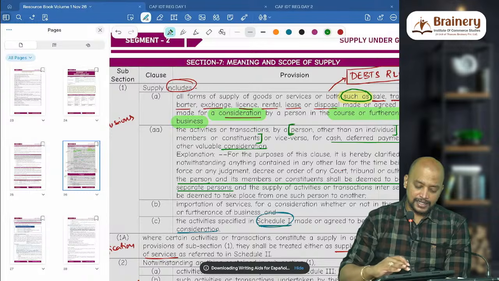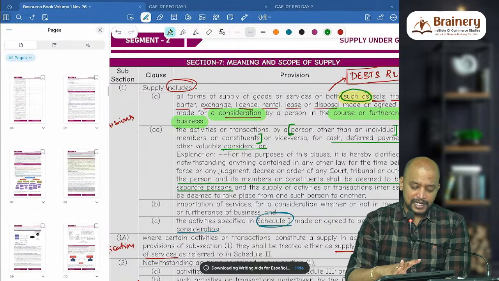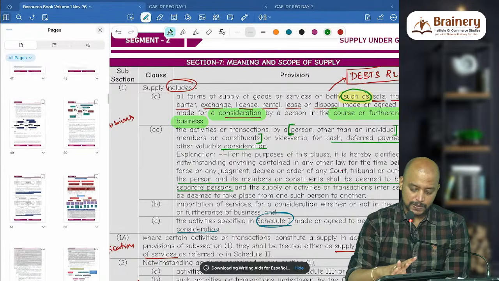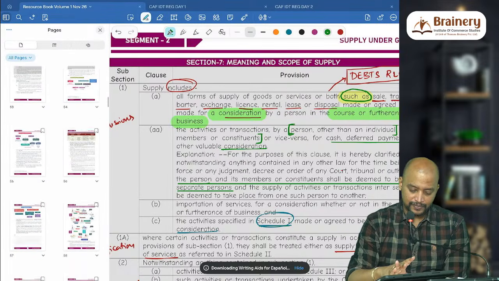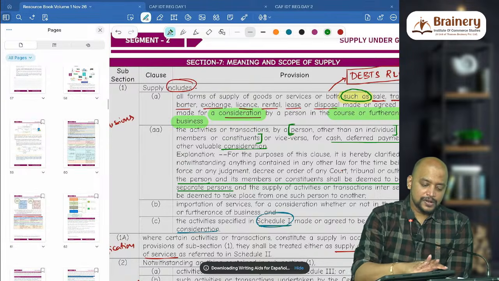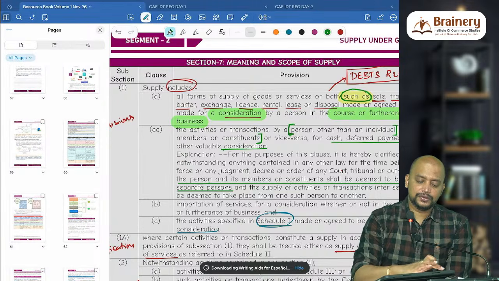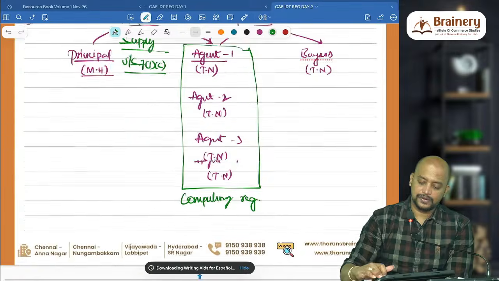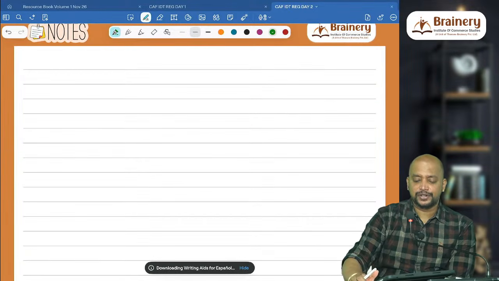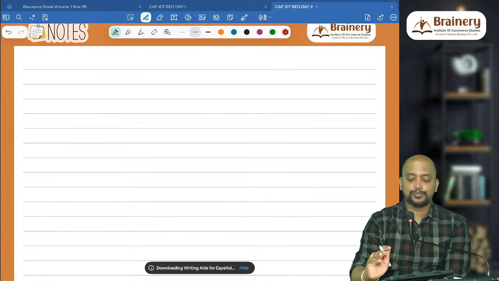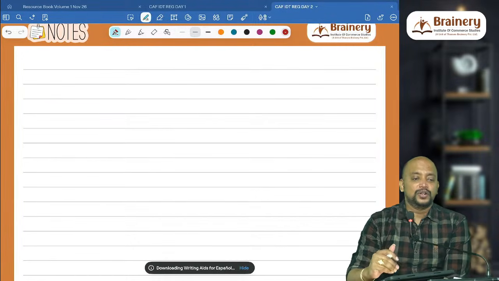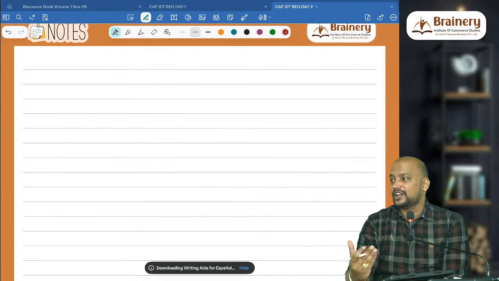Okay. And related to this, I'll just give you a comparative table. You don't have to make note of this, or if you want you can, it's up to you. Anyhow, this summary is there in the That's It book. Don't write too much in your notebook because already a lot of resources are there.